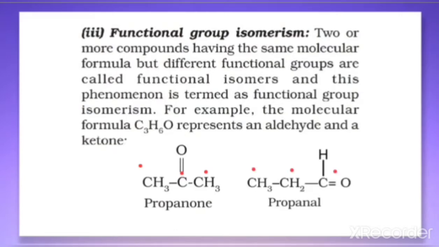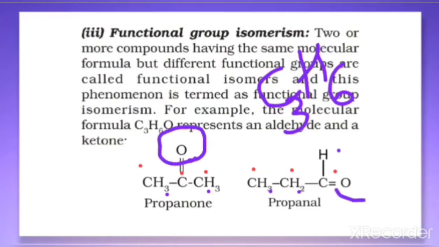But what about the number of hydrogens? Here it is 3 plus 3 is 6, and here also 3 plus 2 is 5, and 1 hydrogen here makes 6. So same number of carbon, that is C3, same number of hydrogen, that is 6, and there is one single oxygen here, and here also a single oxygen. So why are these called isomers?